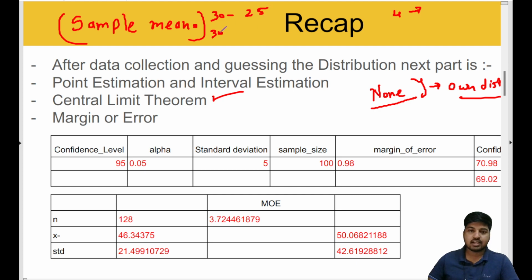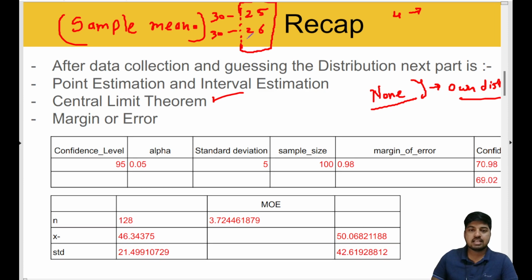Then you take another 30 people, the average is around 26. Like that you will get some 30 values. And if you plot those values, the distribution of these values is going to be a normal distribution.